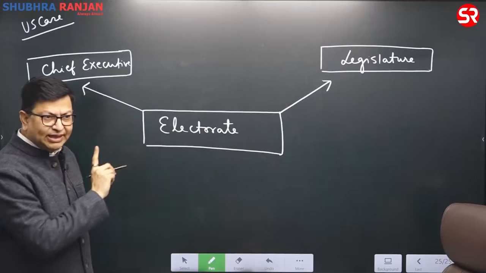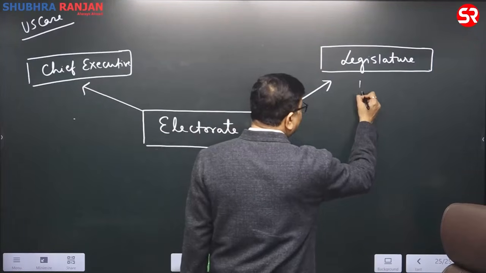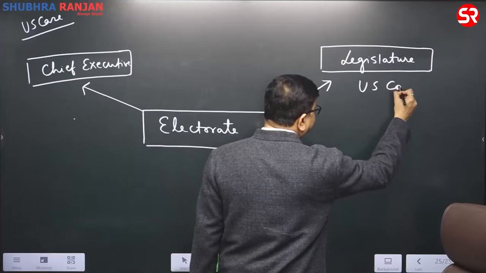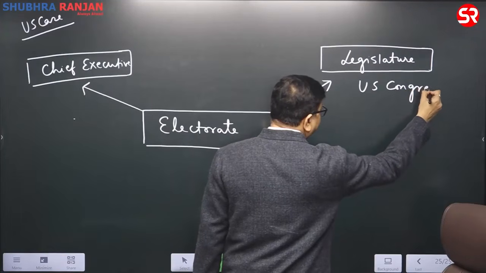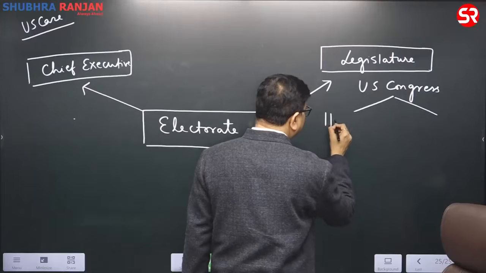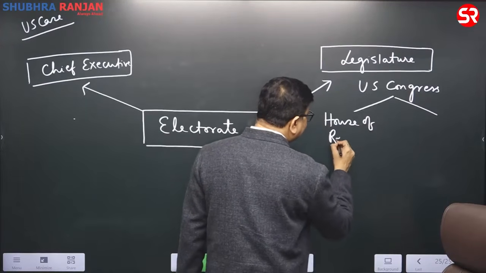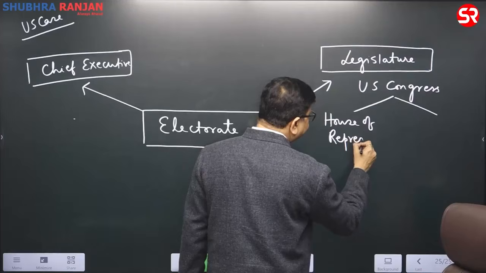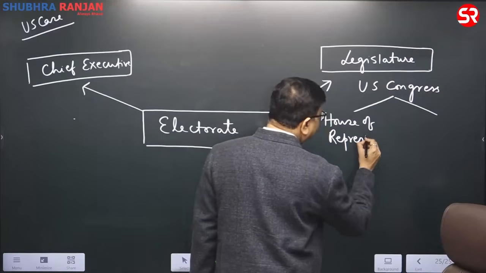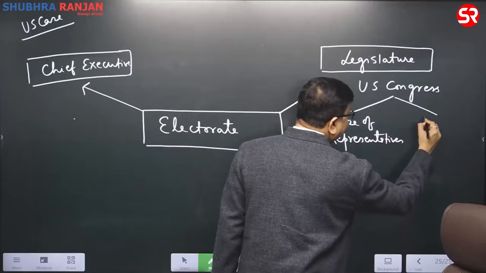So there are two separate elections which take place. Legislature means the US Congress. House of Representatives is the lower house. And Senate.